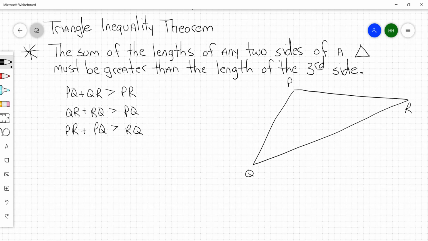So in part of your lesson today, you're going to be asked, is it possible to form a triangle with the given side lengths?